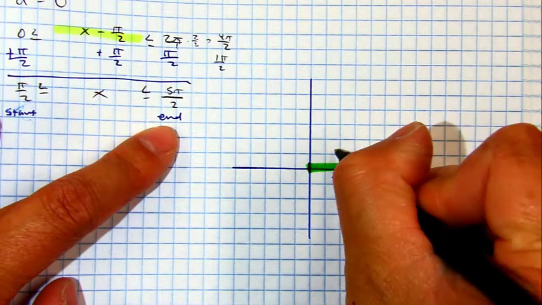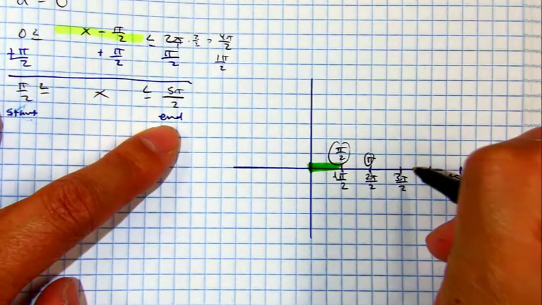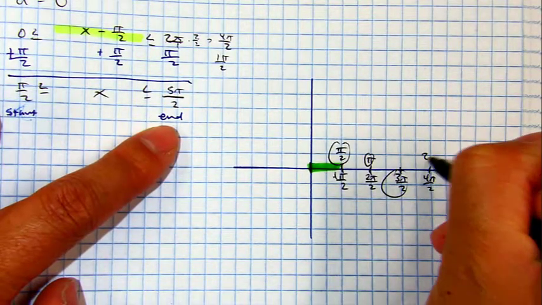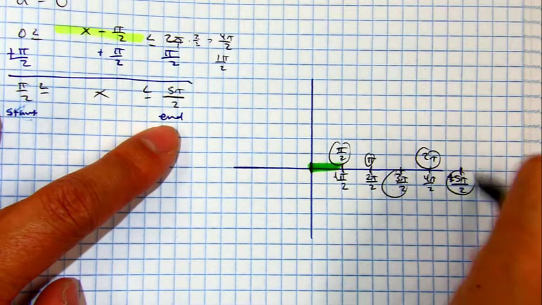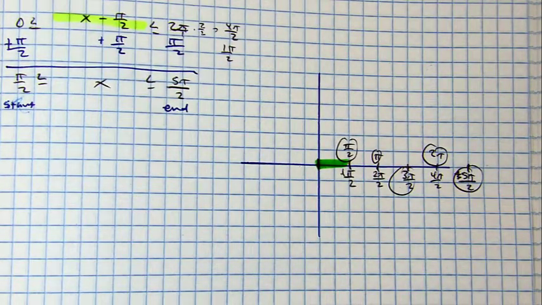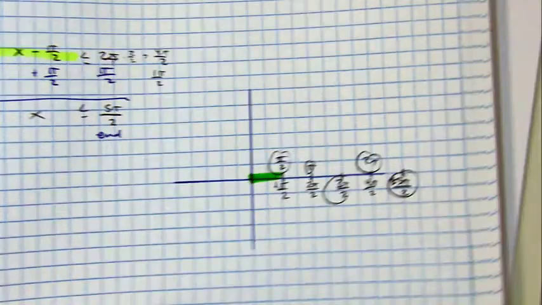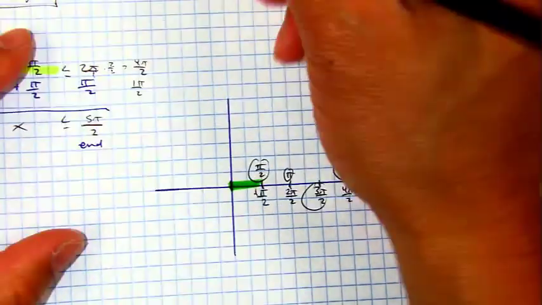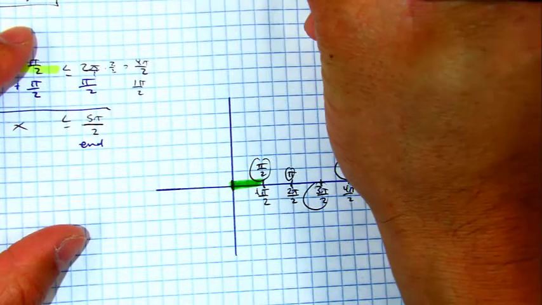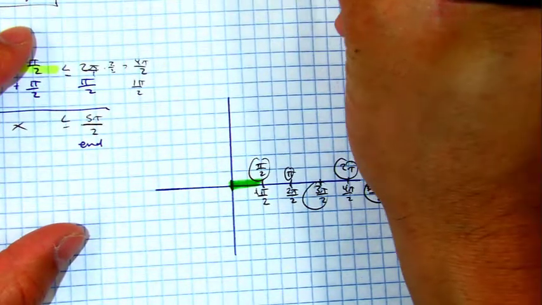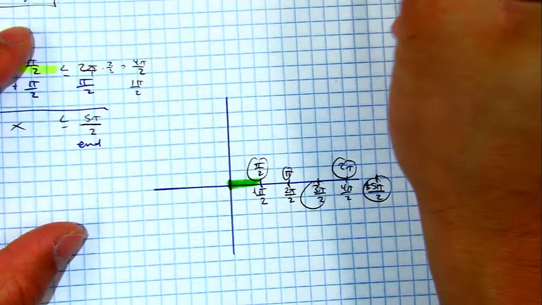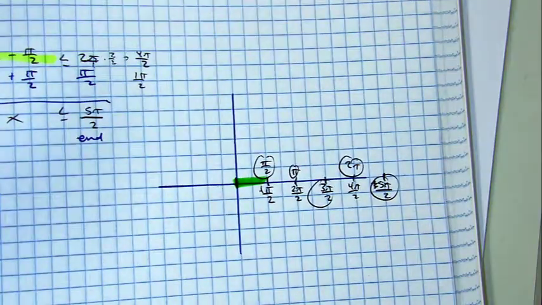So pi over 2, 3 pi over 2, 4 pi over 2, which is 2 pi, and then 5 pi over 2. I'm going to make my x values: pi over 2, pi, 3 pi over 2, 2 pi, and 5 pi over 2. I'm creating my table of values.